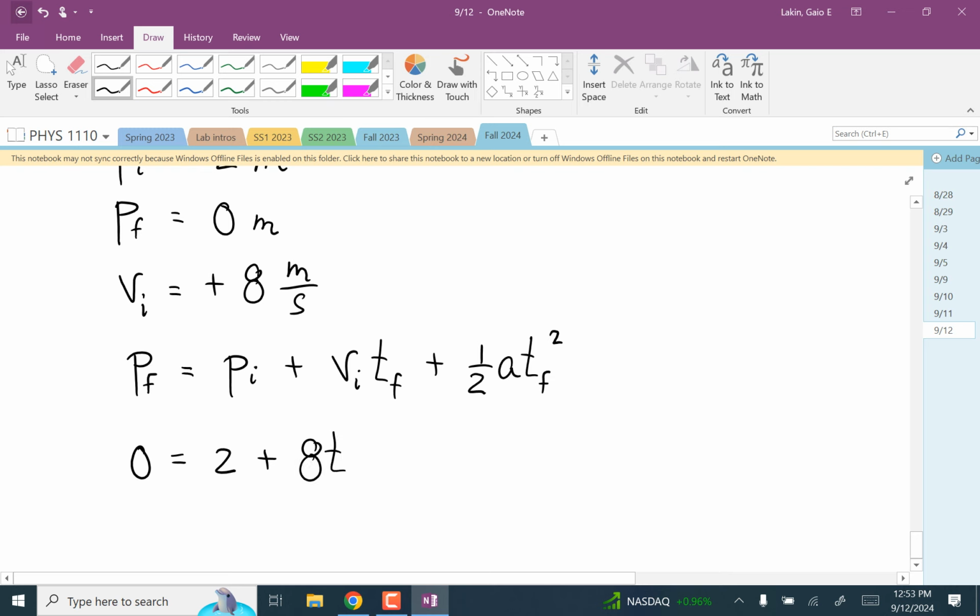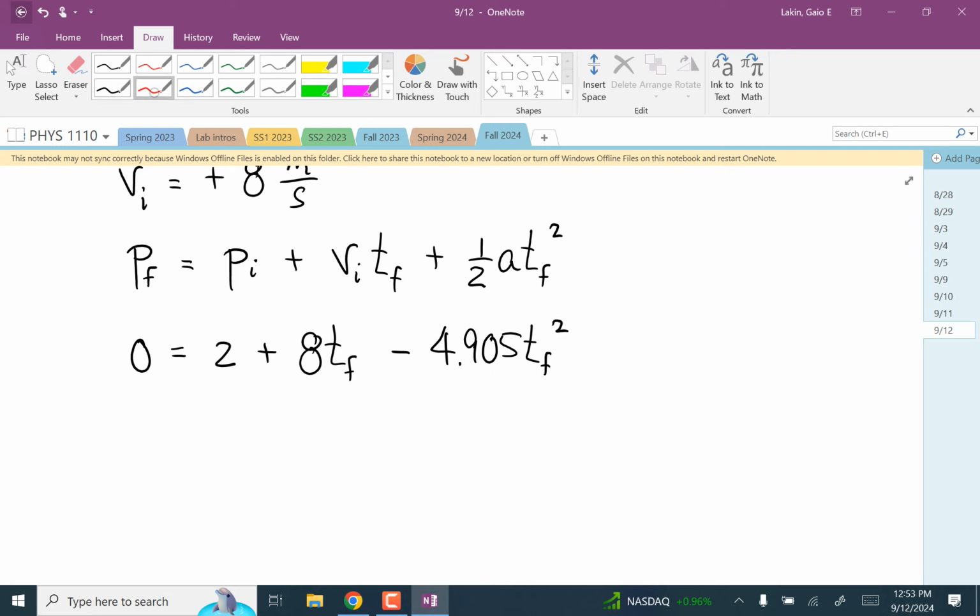plus 8TF, plus 1/2 times negative 9.81. I'll just write that as negative 4.905 TF squared. Okay. So we have to use the quadratic formula for this. This is A in the quadratic formula, the one that's the coefficient for the squared variable.